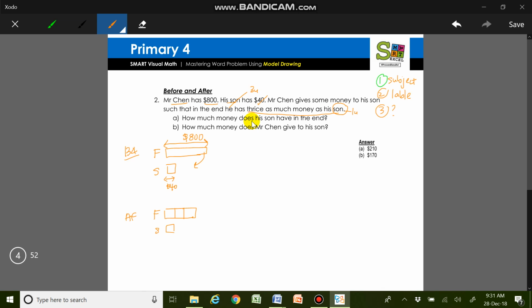That's the after result model. Now the question is the question mark, the third step. How much money does the son have in the end?